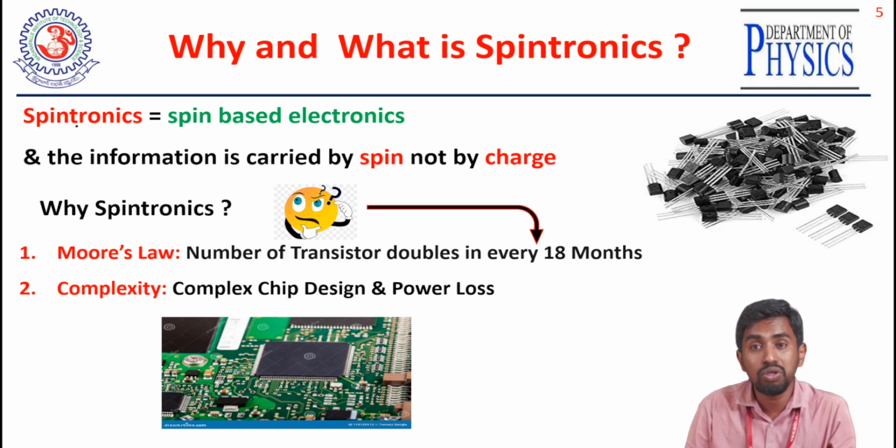And if we accumulate this many transistors, how much electronic waste will come out? This is very alarming to us. We have to think of a better way to replace these transistors, because these transistors are mostly semiconductor devices, and semiconductor devices mostly depend on the charge transport property of the electron.